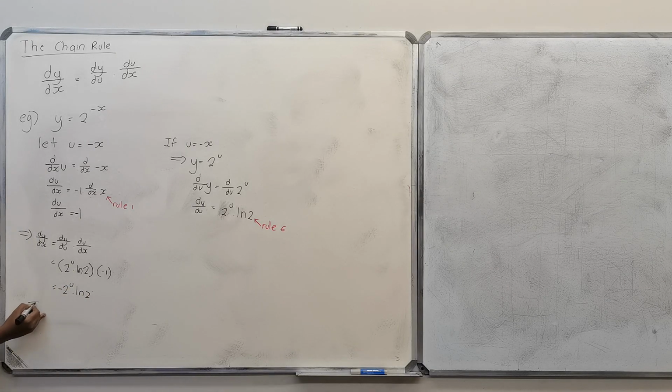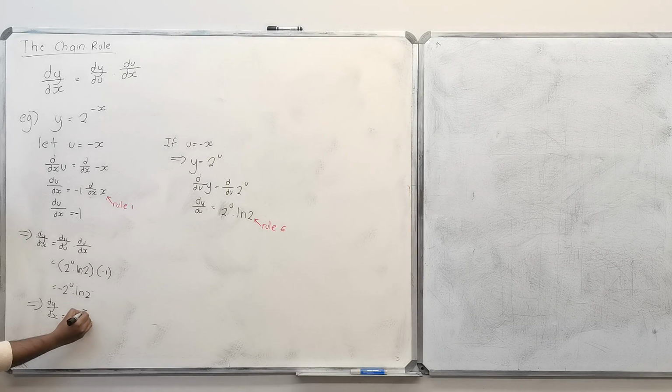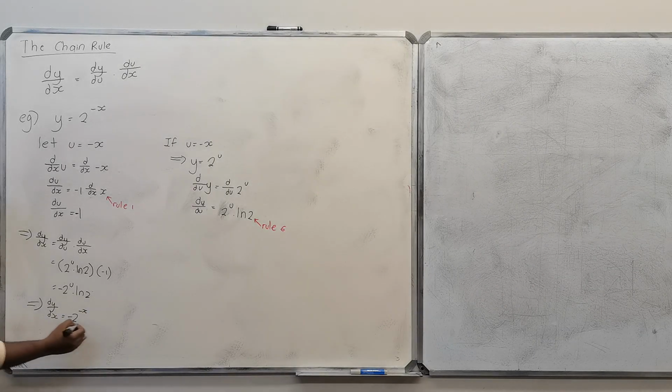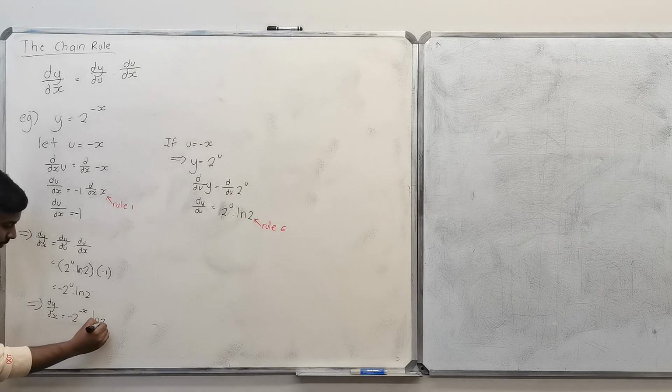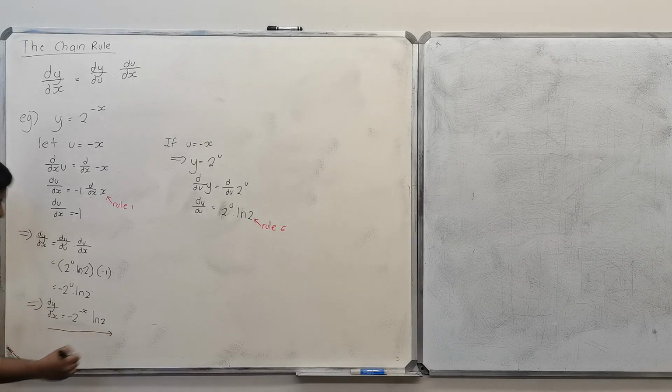So this implies that dy over dx is equal to minus 2 to the power minus x times ln of 2. And we've derived 2 to the minus x using the chain rule. We all say together.